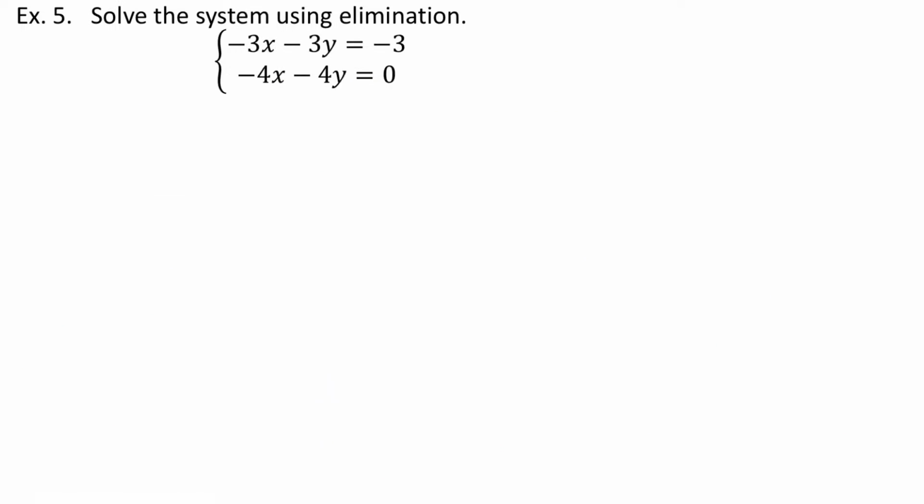So here's another problem. So we're going to solve this using the elimination method, and what we do is we multiply one of the equations by a constant so that when we add the two equations together, one of the variables, either the x or the y, will drop out and we'll have an equation to solve with only one variable.